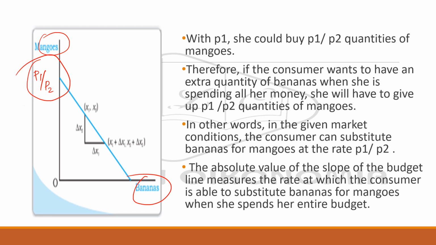And coming to the slope of the budget line. This is something that measures the rate at which a consumer is able to substitute. It shows the rate of substitution.